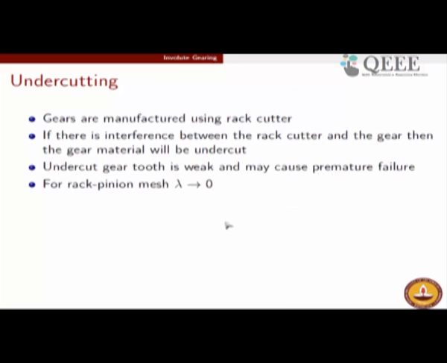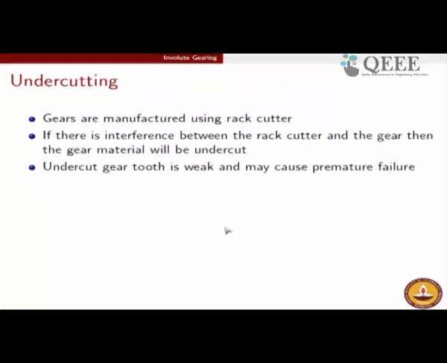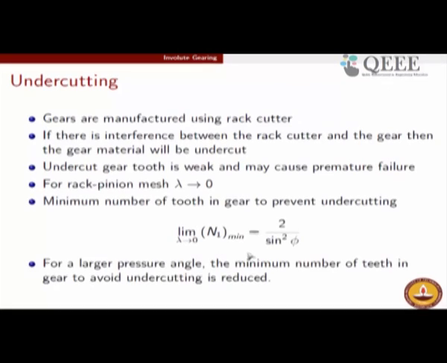If we take that limiting condition into this formula, by application of L'Hospital's rule we get the formula 2 by sine square phi. This is the minimum number of teeth which must be given in a gear such that the rack cutting operation can be done without interference, which leads to undercutting of the teeth.